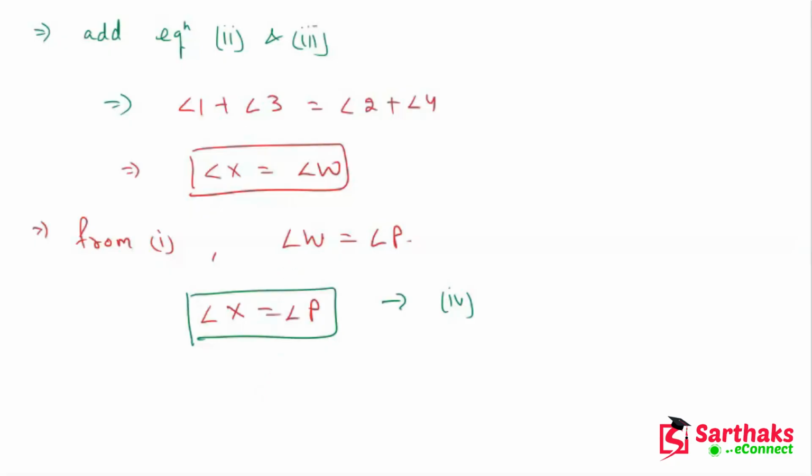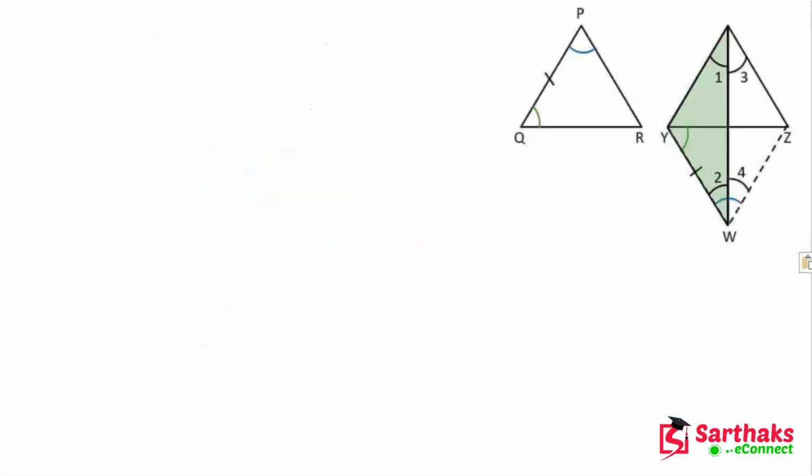Okay. So now in triangle PQR and triangle XYZ, this is X, Y and Z. Okay. So now my dear friends, PQ is equal to XY. This is given.